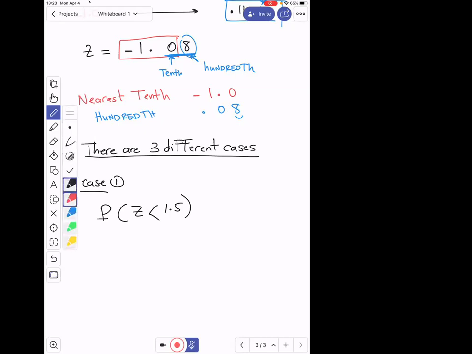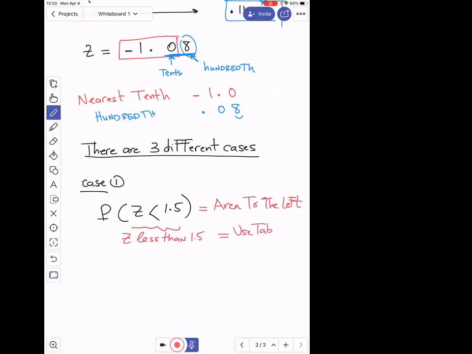So this is Z less than 1.5. As we said, less than means the area to the left. And to find the area to the left, all we have to do is just use the table, phi, to find this area to the left.